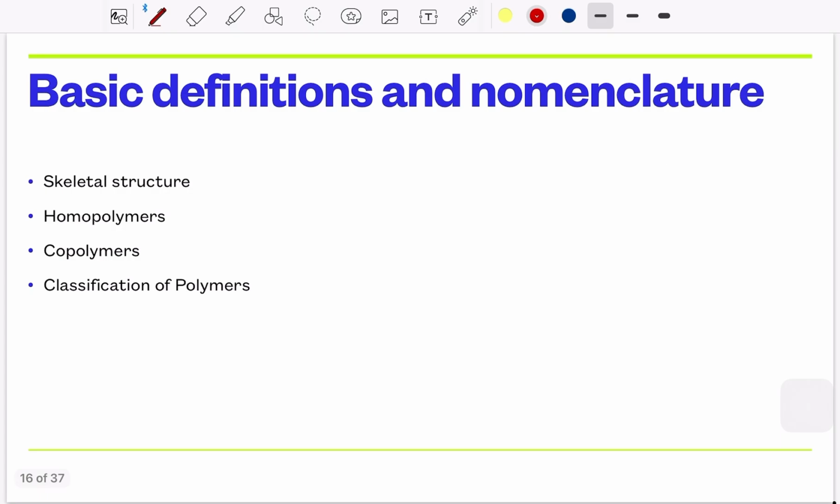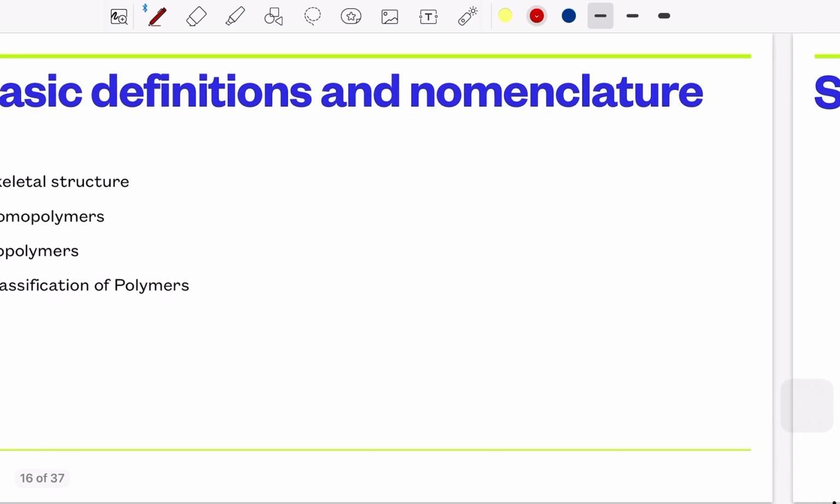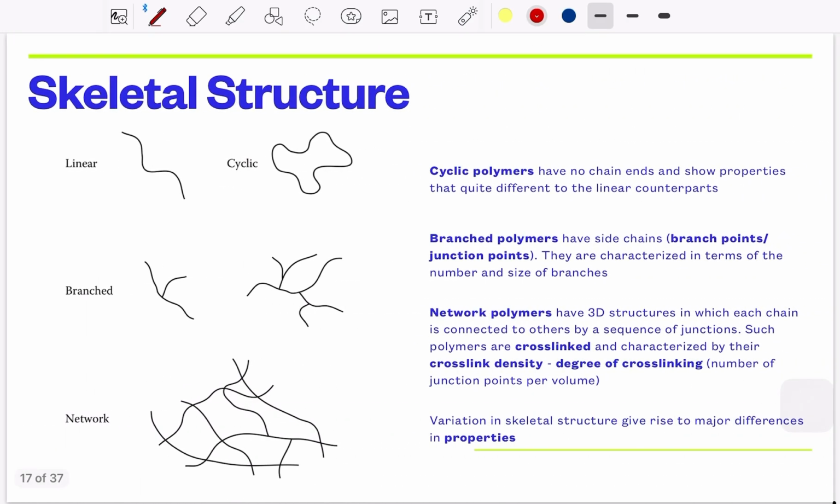And then we move on to a little bit more on structure, how to define them, how to distinguish them. First is based on the structure, we call the skeletal structure. I think we learned this last time.